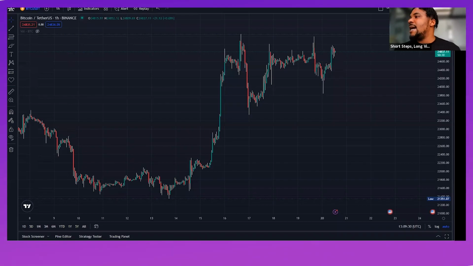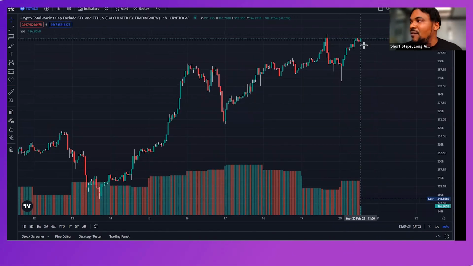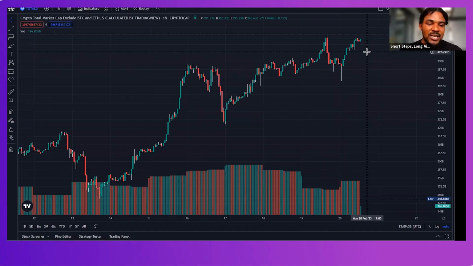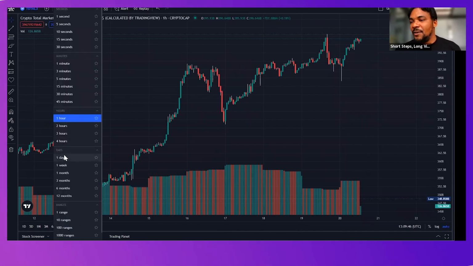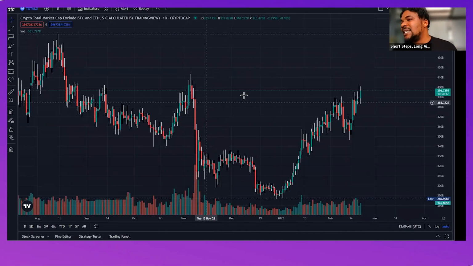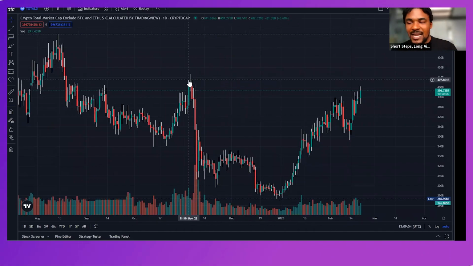And then let's look at Altcoin, which is our total 3. We see that money is not moving out of Altcoin. People are still pouring money into Altcoin. So they are done with BTC, and all the money that is leaving the market is currently going into Altcoin. But if we look at the 1 day time frame, we'll also see that Altcoin is hitting an all-time high money flow that happened in November last year.